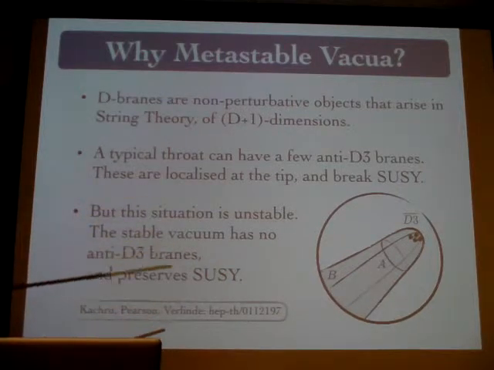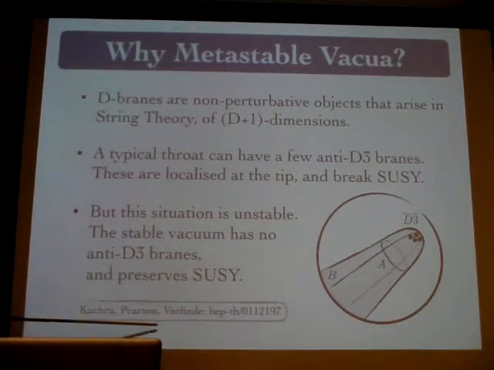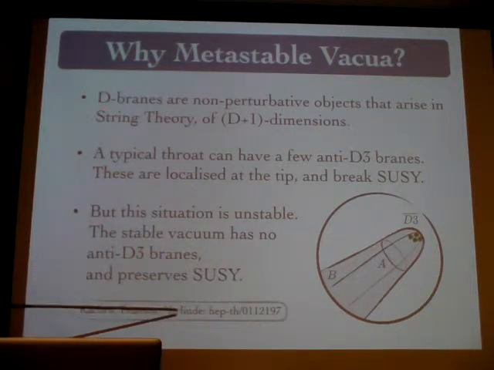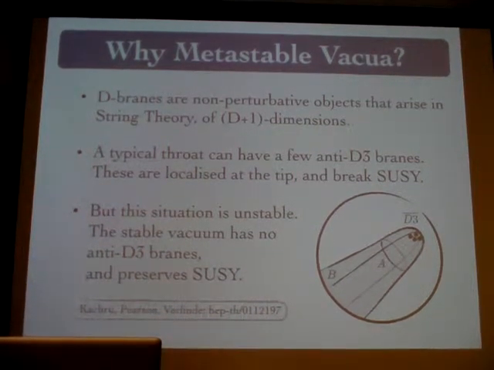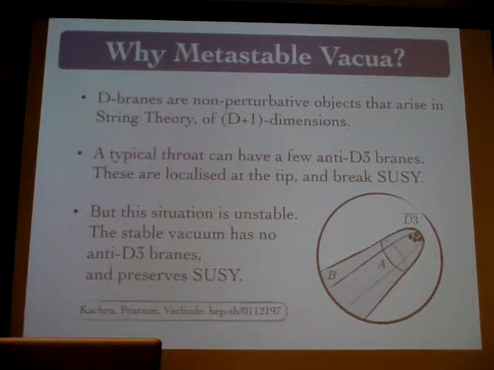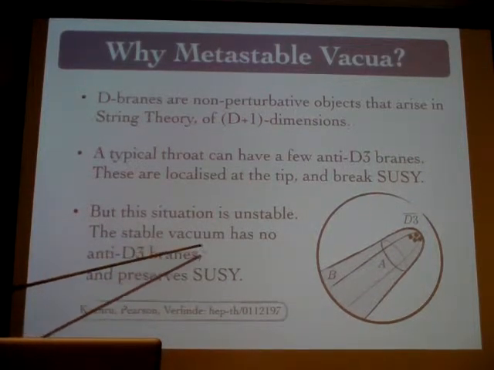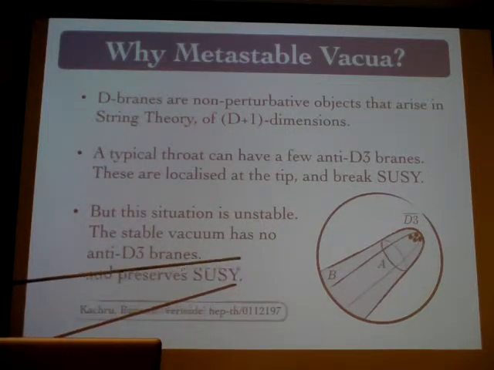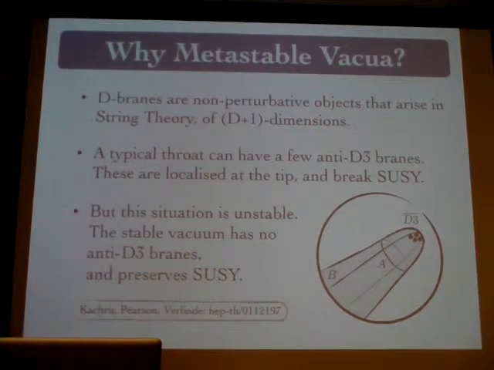However, the authors of this paper studied the physics of throats with anti-D3 branes on them, and they found that the situation is actually unstable. There's always a stable vacuum, a true deeper vacuum, in which there are no anti-D3 branes and supersymmetry is preserved.